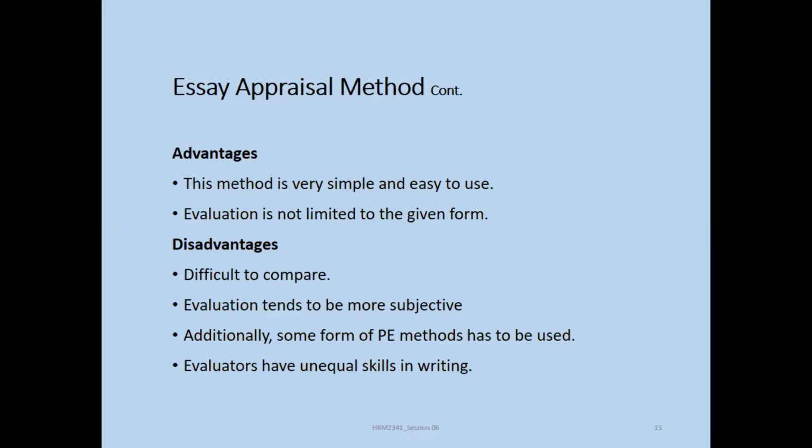That sometimes may not reveal the real information about the performance. Evaluation tends to be more subjective. Actually, this is a more subjective method, without any objective criteria or standards. What we expect from the evaluator is only to write an essay.